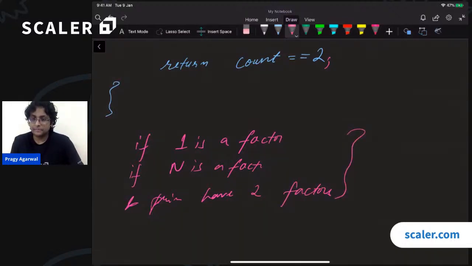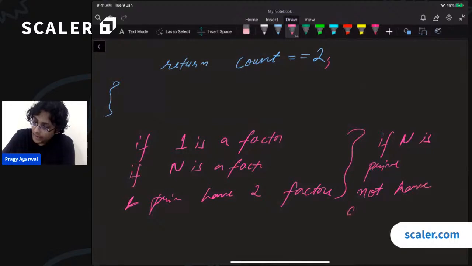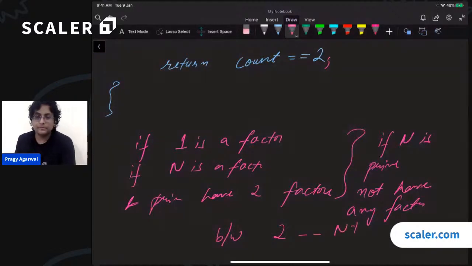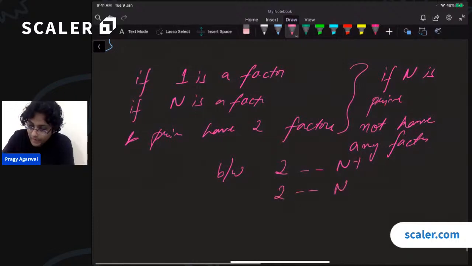This means that if n is in fact prime, then it must not have any factor between 2 all the way till n minus 1. Is that clear? In fact, it must not have any factor between 2 all the way till n by 2.